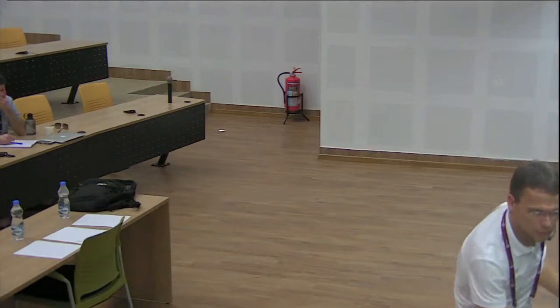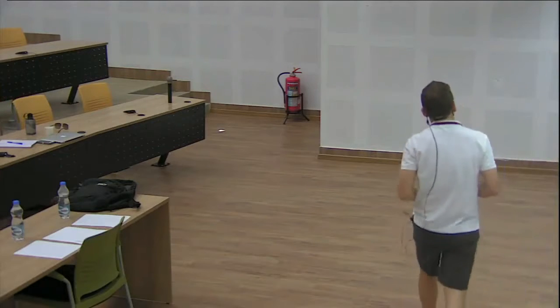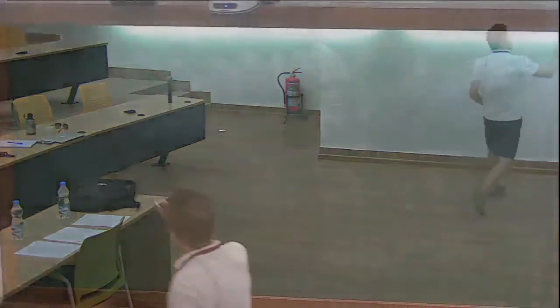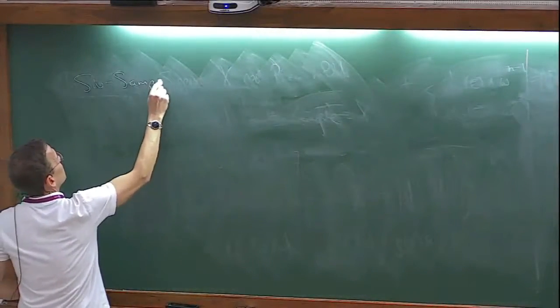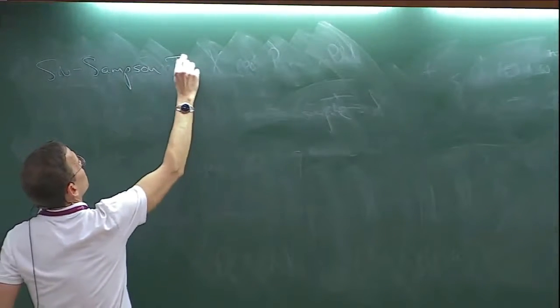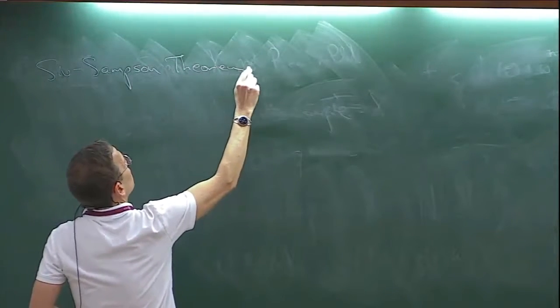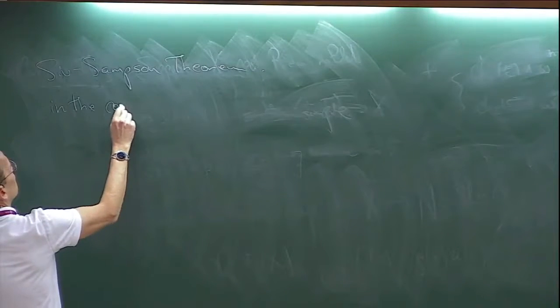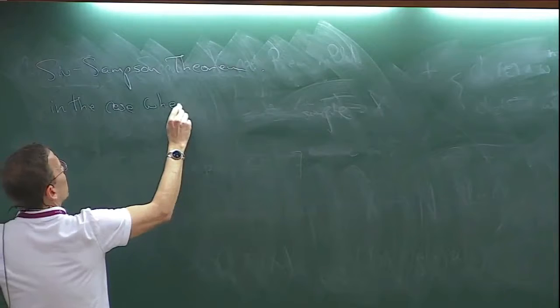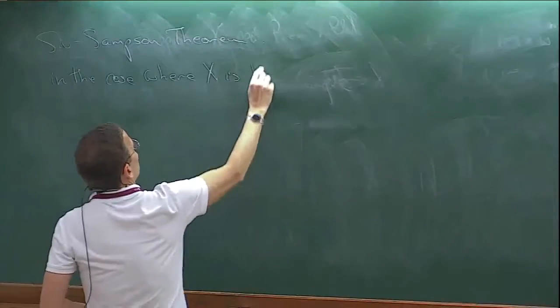Okay, so this was for general Riemannian manifolds, and so now we want to look at the Simpson theorem in the case where X is Kaehler.